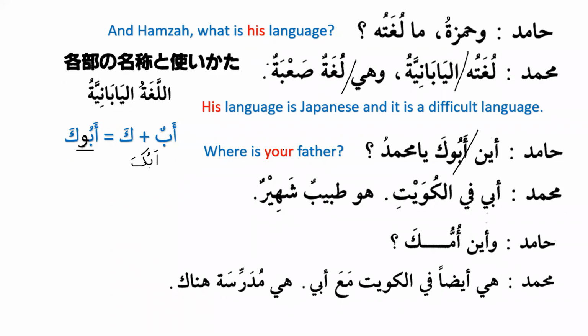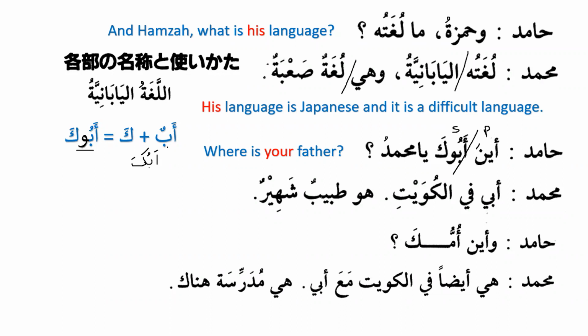Aina abuka ya Muhammadu, and we know that abuka is subject and aina is predicate. Why aina is predicate? Because aina is a dharf, and dharf and preposition, they cannot be subject, they will always be predicate. So aina abuka ya Muhammadu, where is your father, O Muhammad?